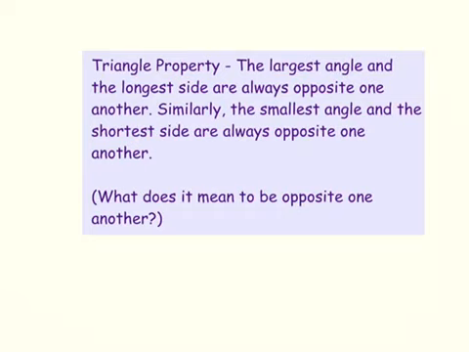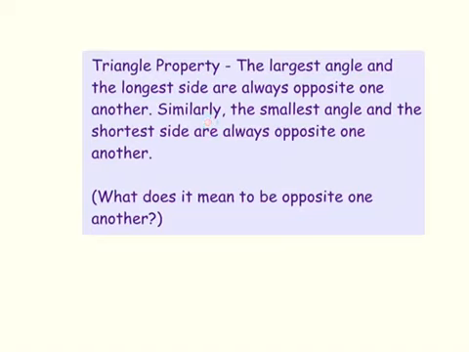Another thing we look at when we're looking at triangles is the comparisons of their angles and the comparisons of their sides. And one thing that is always true is that the largest angle and the largest side are always opposite each other. The largest angle and the longest side are always opposite each other.